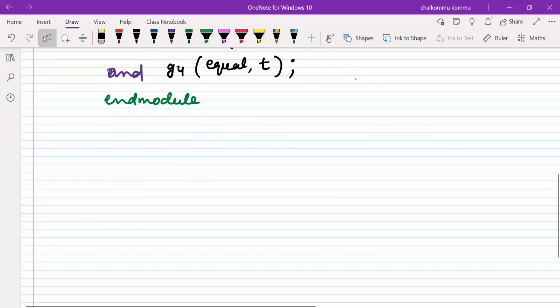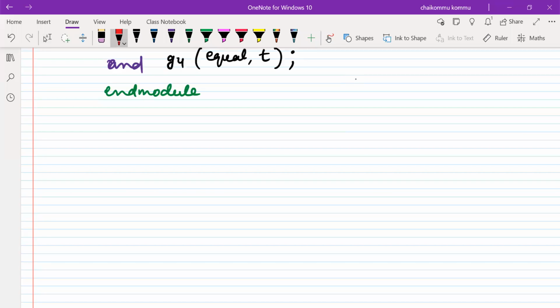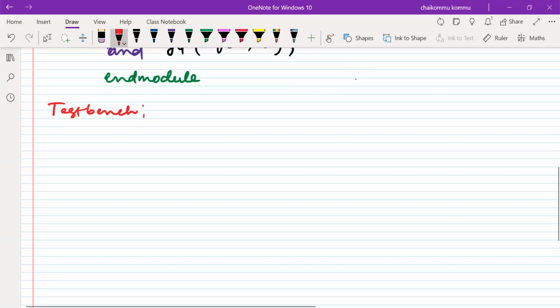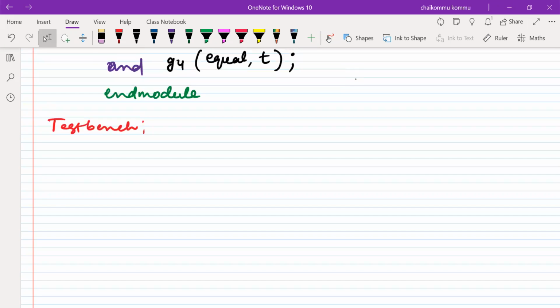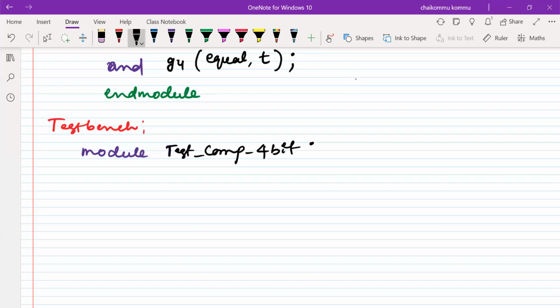Test bench. In the last class I discussed only the middle points. Now I'm going to write a complete program with better understanding. So we'll start a module. I'll write the name as test underscore comp 4-bit, which is the best way to name the test bench.